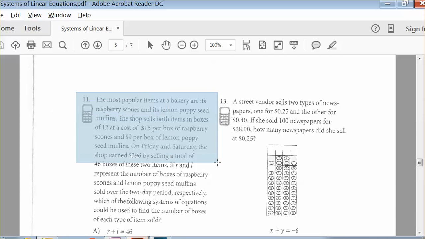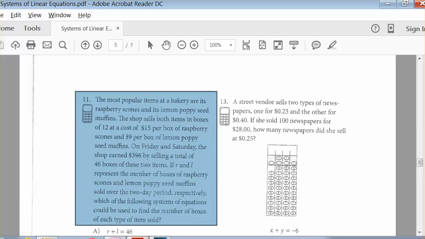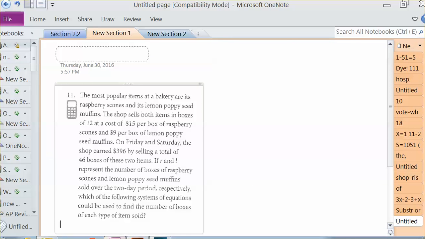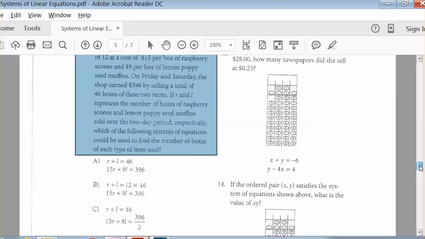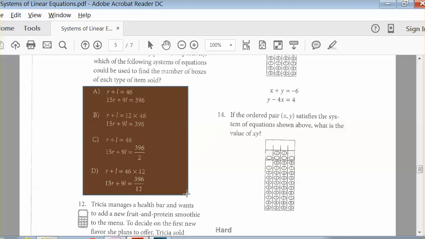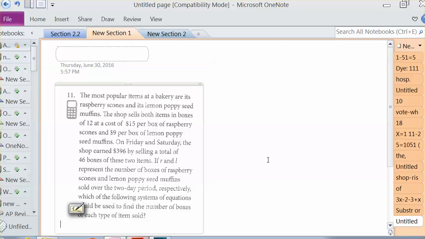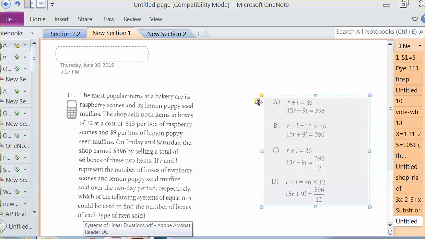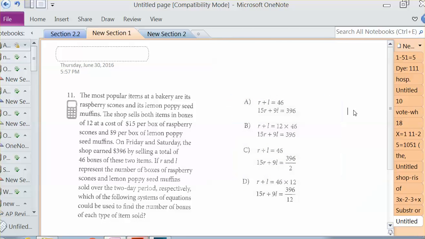It's always good to look at wordy problems because those can be a little bit weird. And then let me copy the choices. So it seems as if they're giving us some sort of situation, and we're going to have to match a system of equations to the situation.